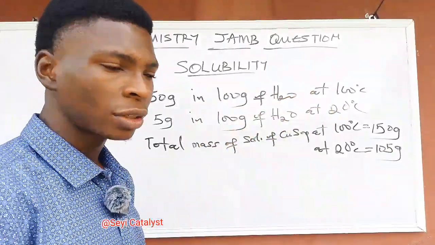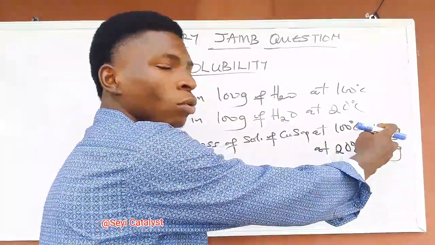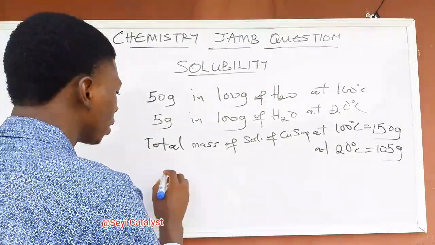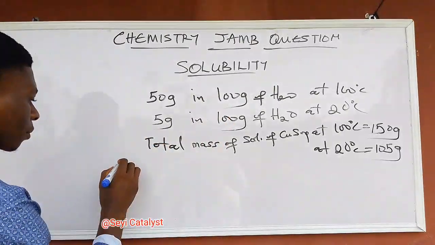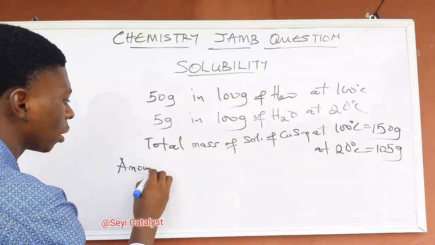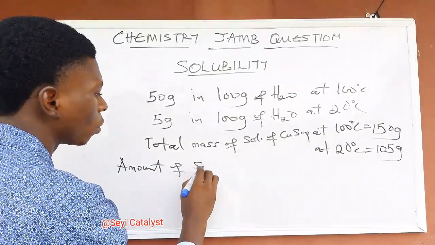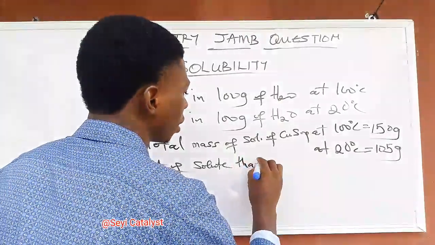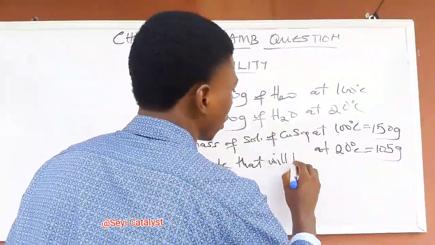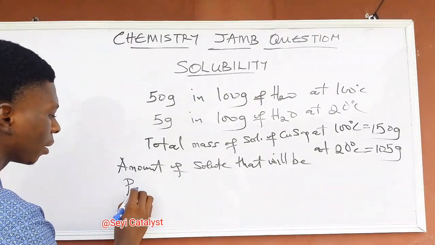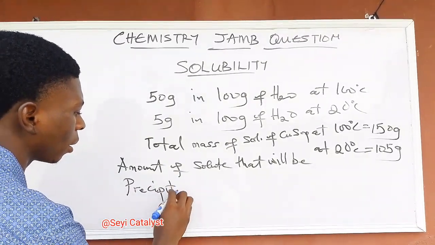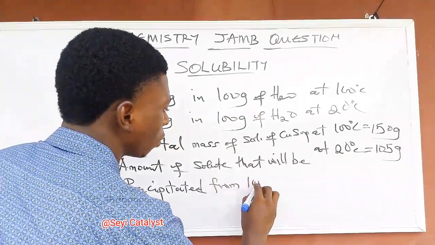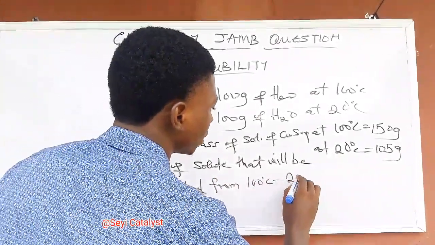We are going to subtract 105 from 150 to get the amount of solute that will be precipitated from 100 to 20.